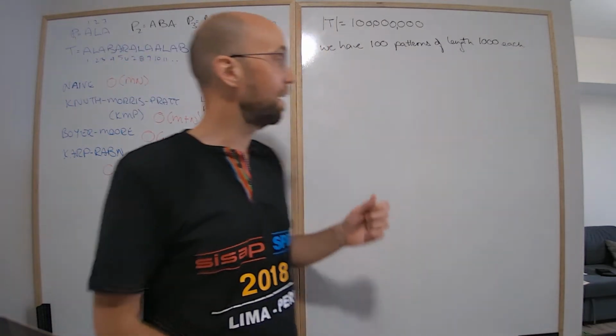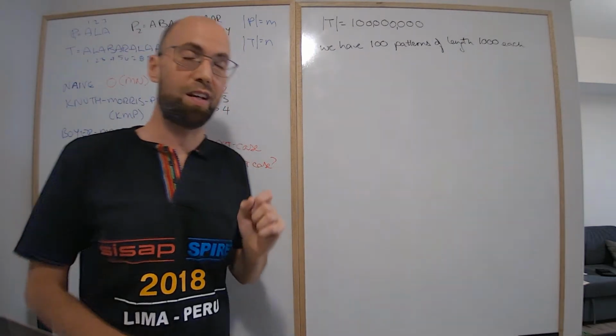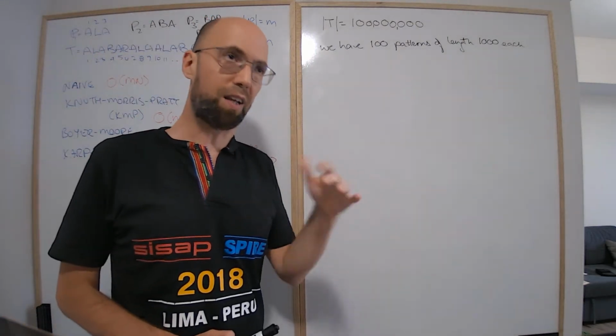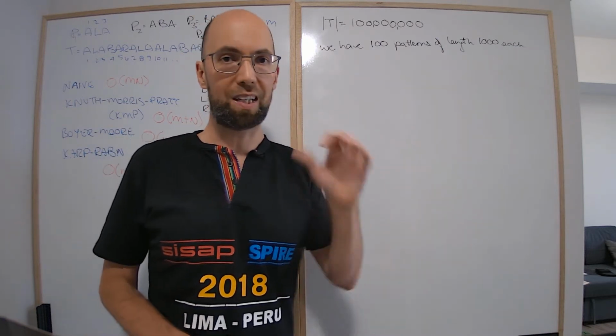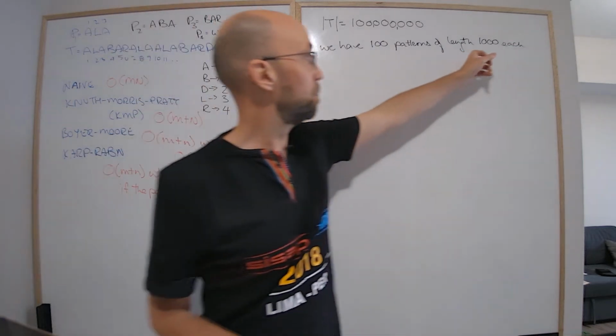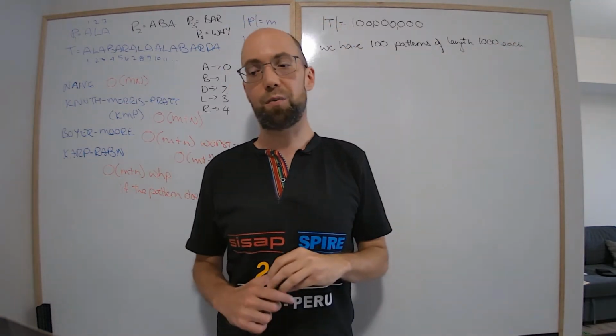Then what we can do is hash. Oh, the other thing is, for Karp-Rabin to work in this case easily, you can do it otherwise, but in order for it to work easily, the patterns should be of equal length, exactly 1,000 each.